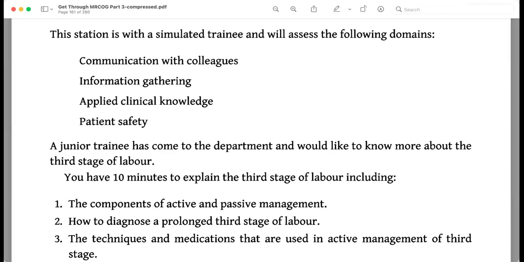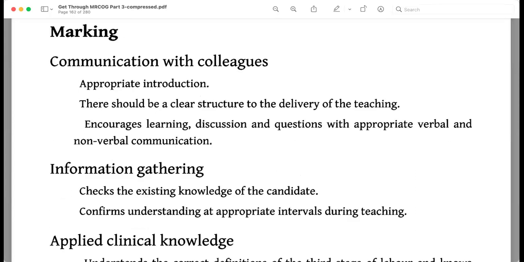You did well, and I will show you how this task was marked. So you will see the reflection of the task and how much you covered from the required points. In the domain of communication with a colleague, you had an appropriate introduction, but just add some points.